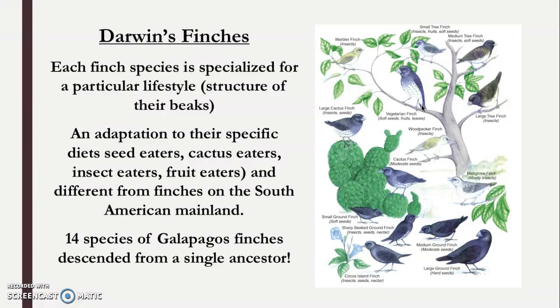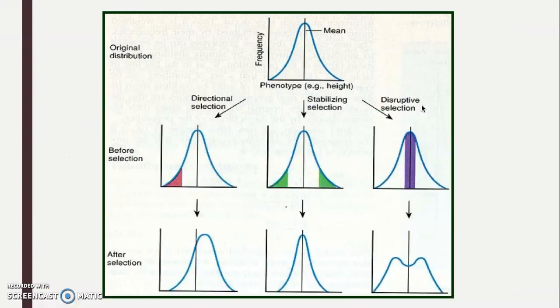And they think that after an extremely long period of time, and this is what Darwin thought, because of this type of selection, these birds developed into many different species. So right now we see that there are 14 species of Galapagos finches, and they believe that they came from a single ancestor, one type of finch that came to the Galapagos from South America a long, long time ago.